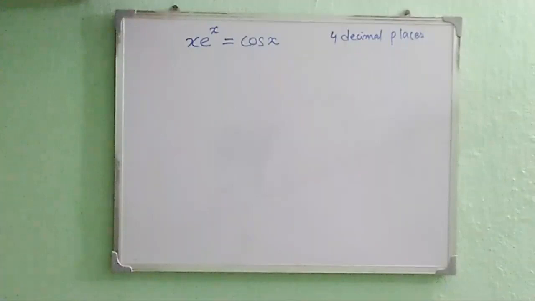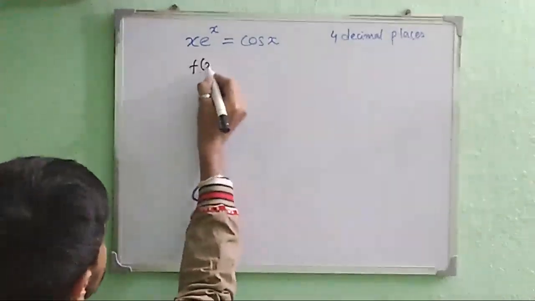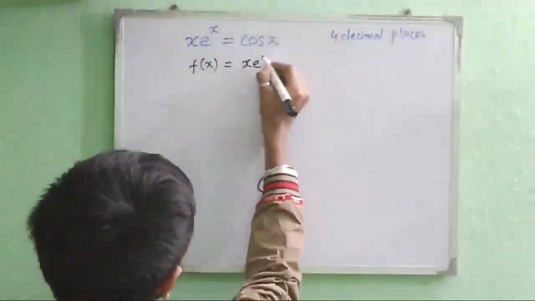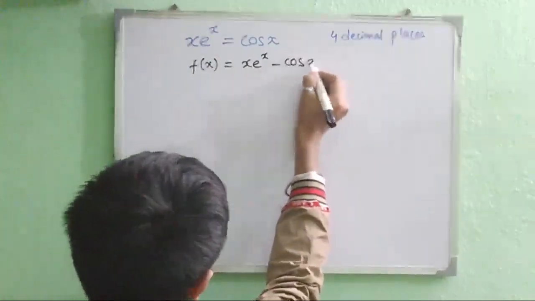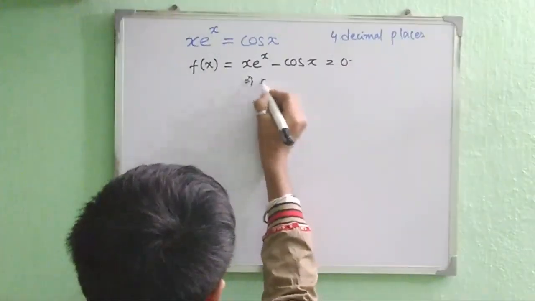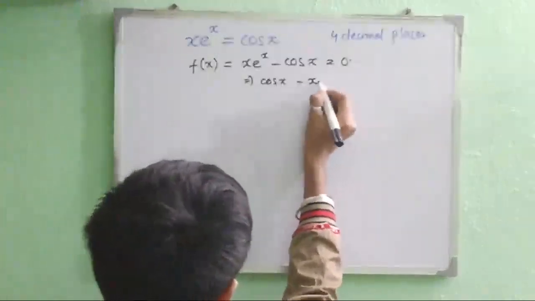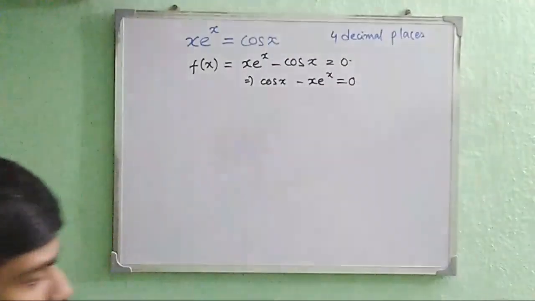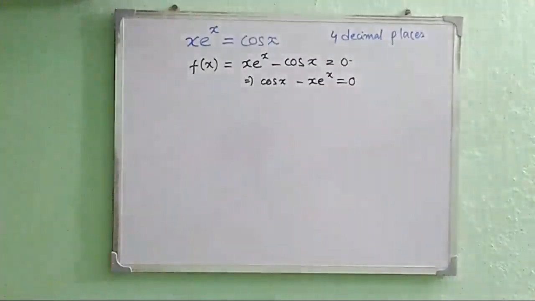So our f(x) is x e to the power x minus cos x equals 0, or we can write cos x minus x e to the power x equal to 0. Both are the same. We can write either of them.